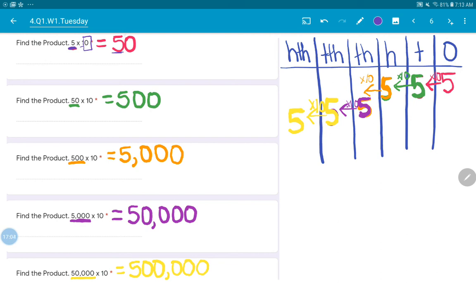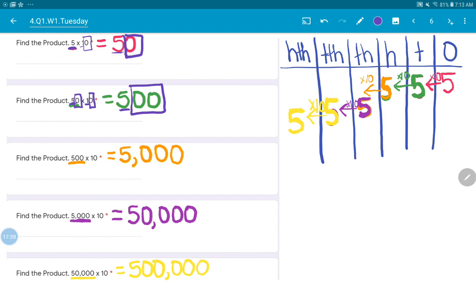I had 1 zero in my problem. So that 0 is just added to the end of my 5 from 5 times 1. I have 1 zero, so my product, or my answer, has 1 zero.